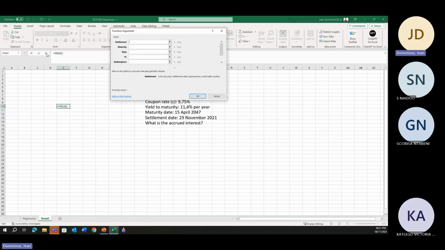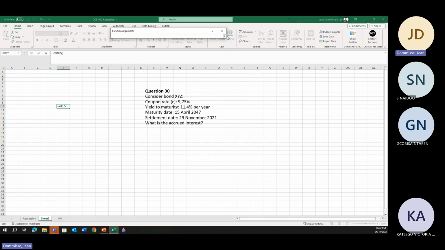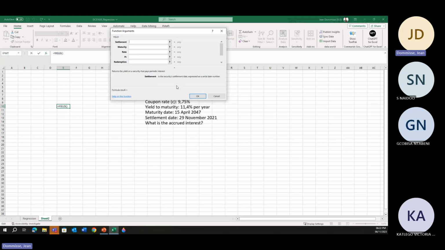See how you can use it. So let's say we need to put in a security settlement date. So let's check if we can say 29. I'm just going to type it in. We can always change it. It doesn't pick it up. The maturity date.